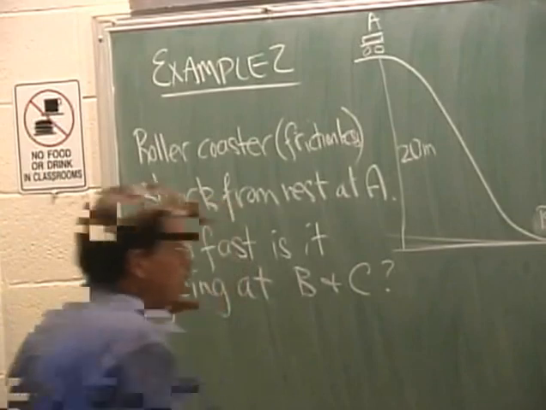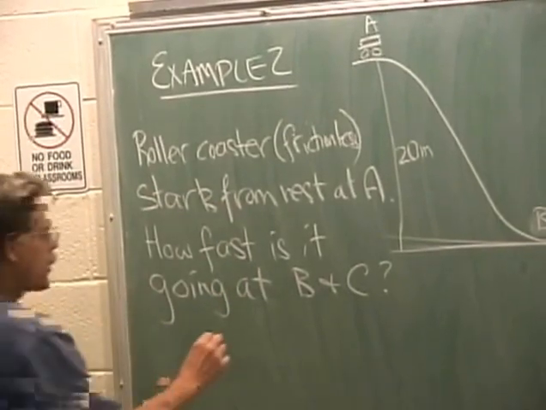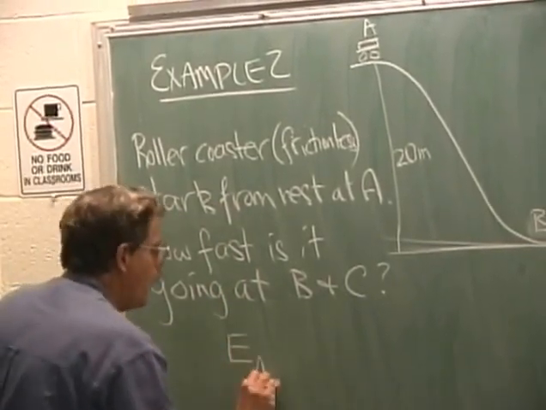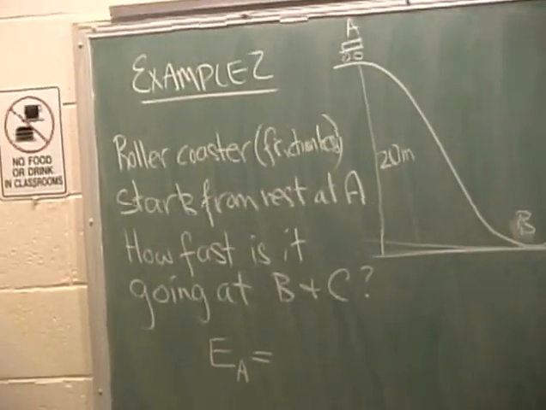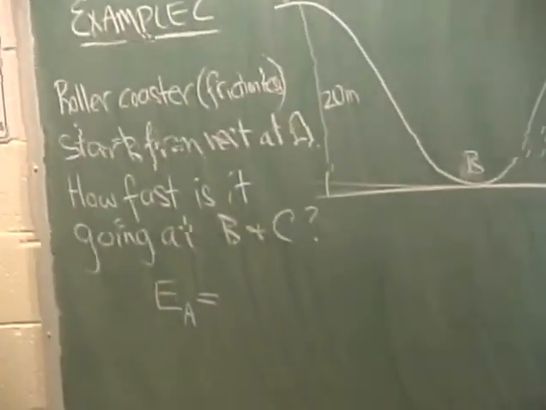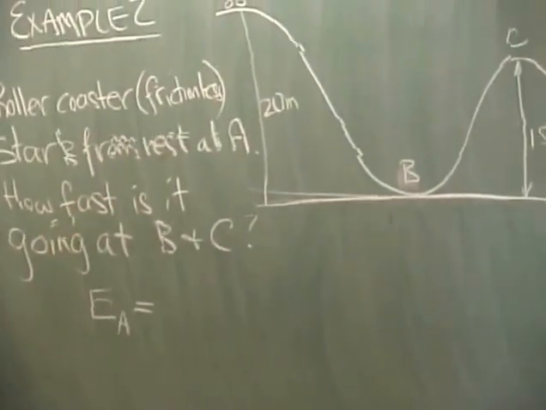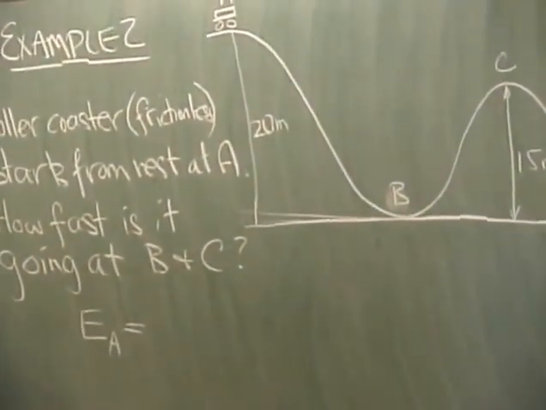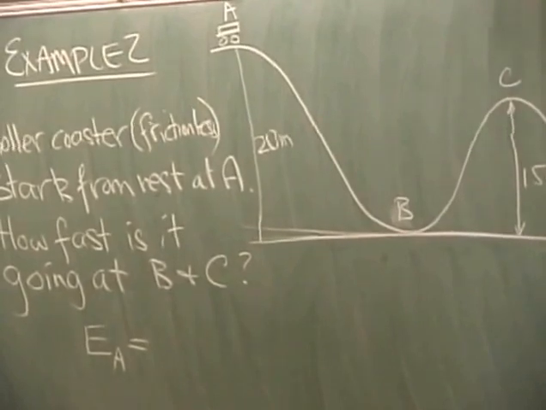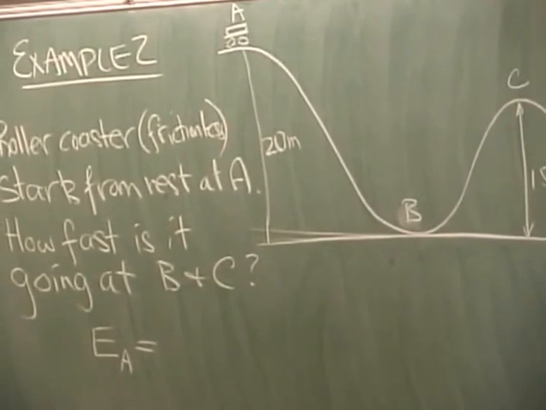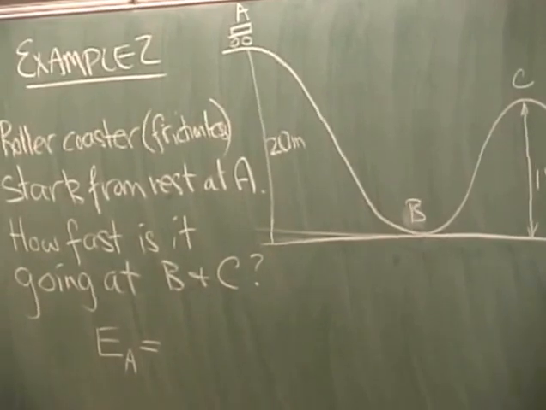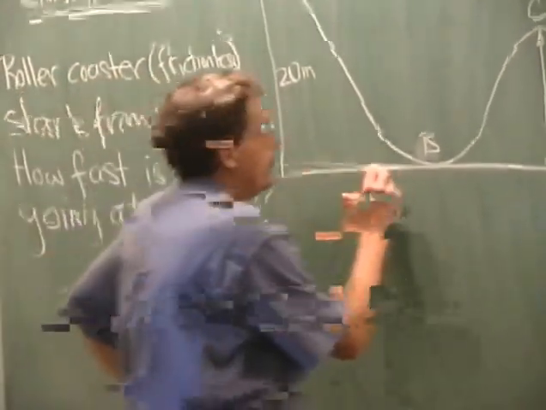Ready? Well, I write down the initial energy. That's the energy at point A. What was that? Kinetic energy? Nope, I said it started from rest. No kinetic energy. Gravitational energy? Yes. What is it? mgh. What should we measure our h above? I think the ground level is the sensible one in this case.